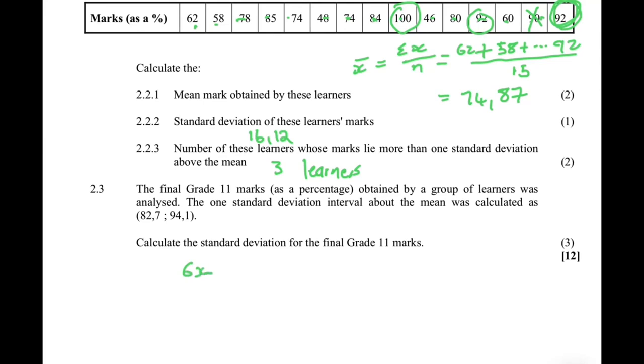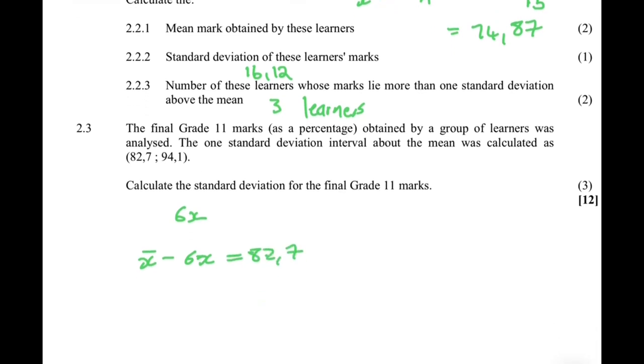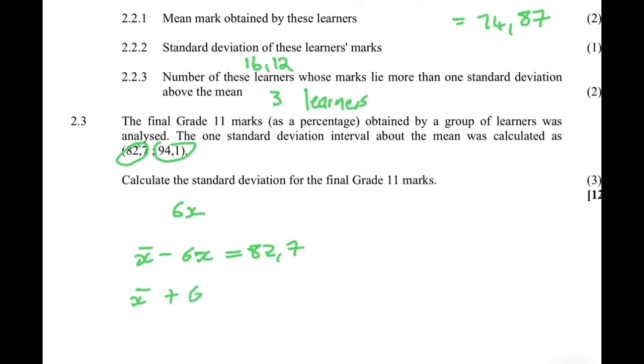We are given the mean minus the standard deviation, which is equal to 82.7, one standard deviation below the mean, which is this number here. And then here we are given one standard deviation above the mean. So we are given x bar plus one standard deviation is equal to 94.1.